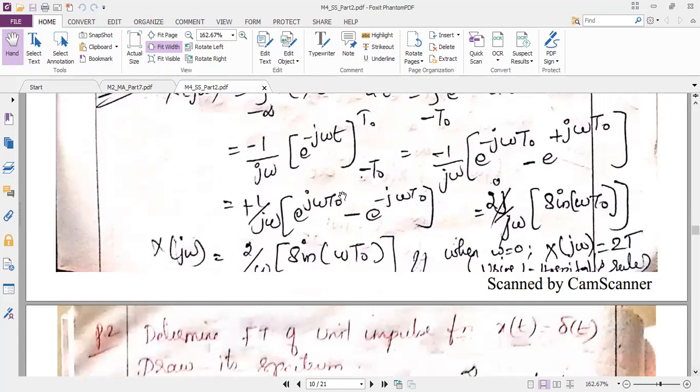Here we do not have 2j, so this complete bracket term is 2j sine omega t naught, where theta is omega t naught. So you can cancel j and j, and your answer is 2 by omega sine omega t naught. Is it clear?